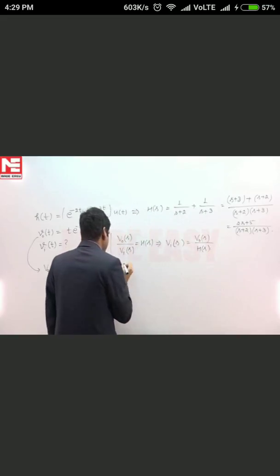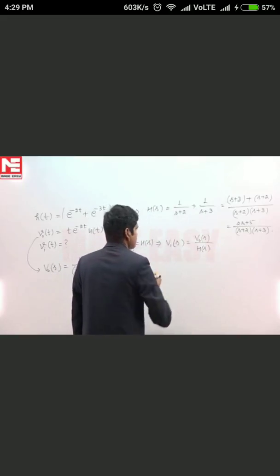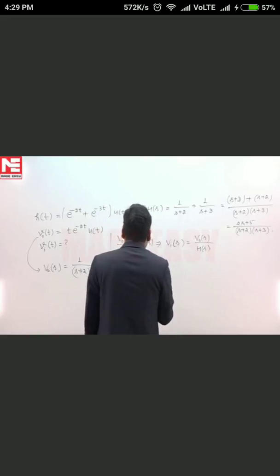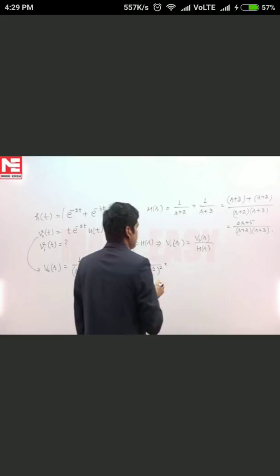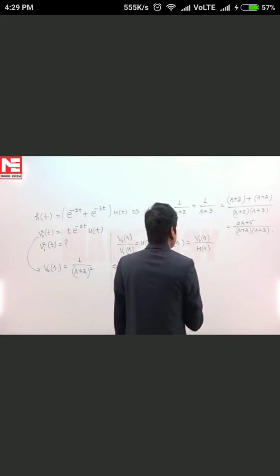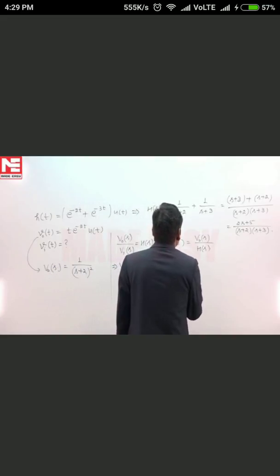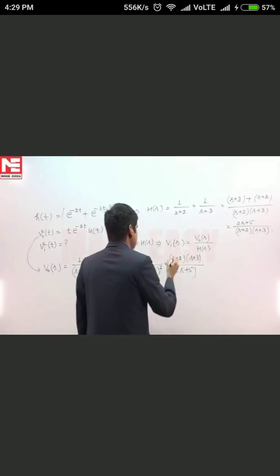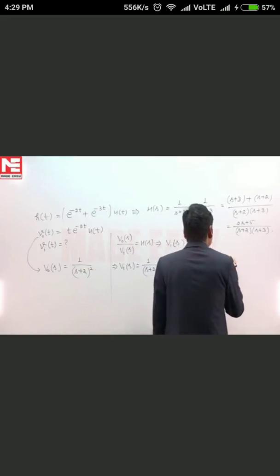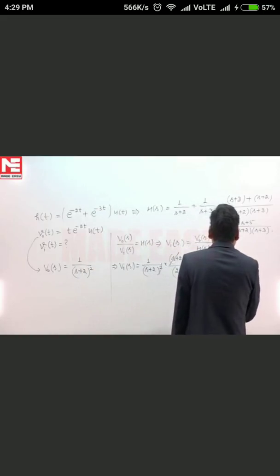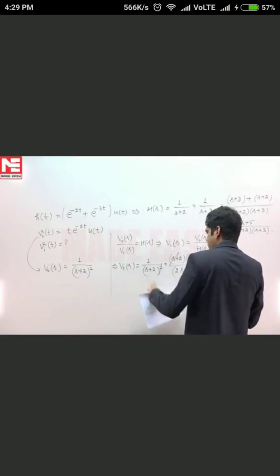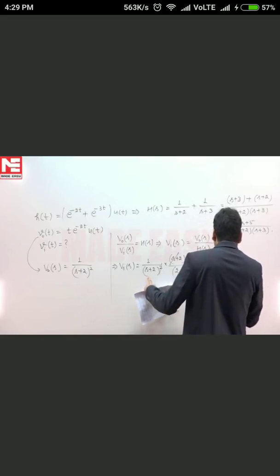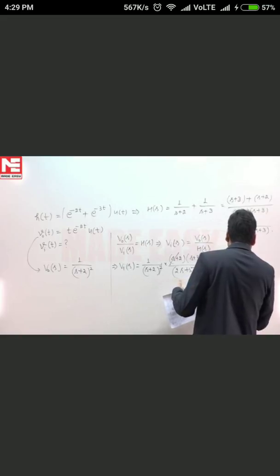That is Vi(s) is equal to V0(s), 1 upon (s plus 2) square, into 1 upon H(s). This is (s plus 2)(s plus 3) upon 2s plus 5. So s plus 2 cancel. So it will come out as s plus 3 upon (s plus 2) and (2s plus 5).